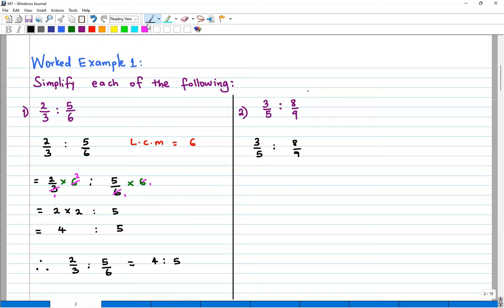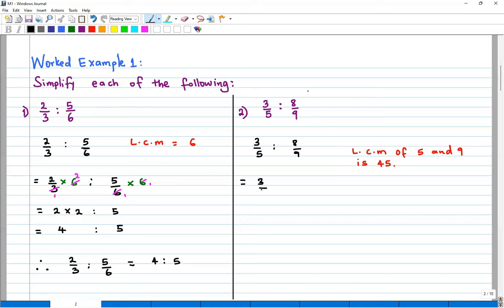Okay, let's get the LCM of 5 and 9. Now, the LCM of 5 and 9 is 45.